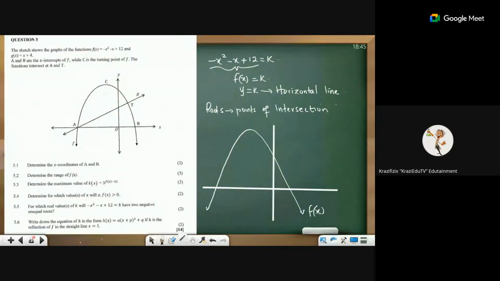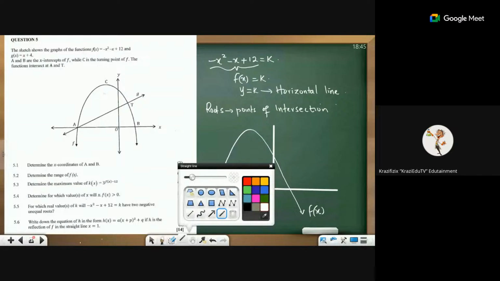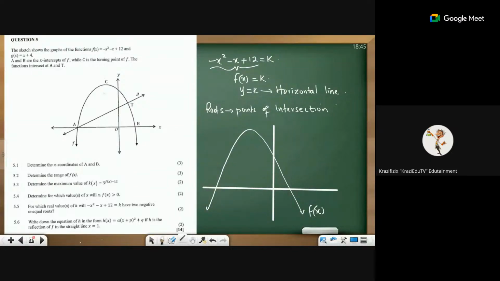Take your ruler, draw that horizontal line, and ask yourself, how many points of intersection do I have at this point? There are two of them, right? But here, what are the x values? Negative and positive.